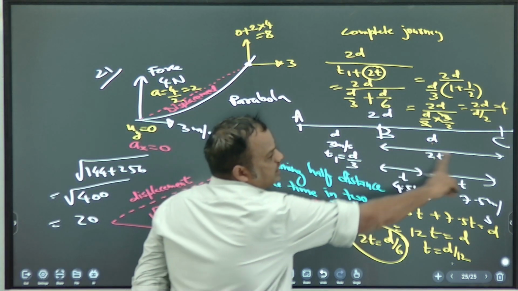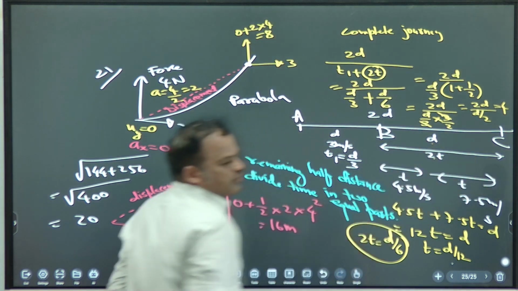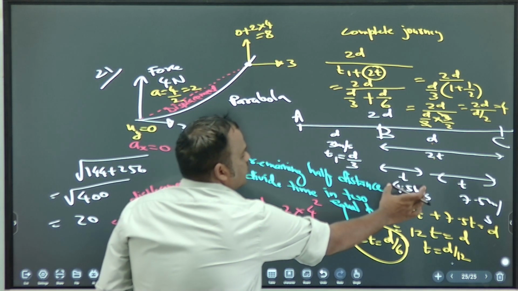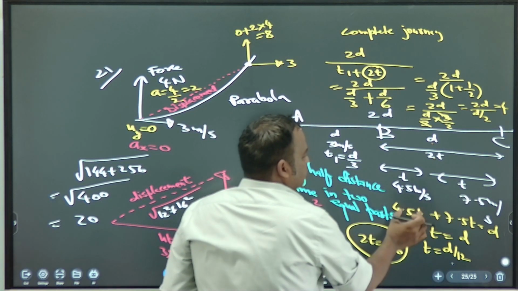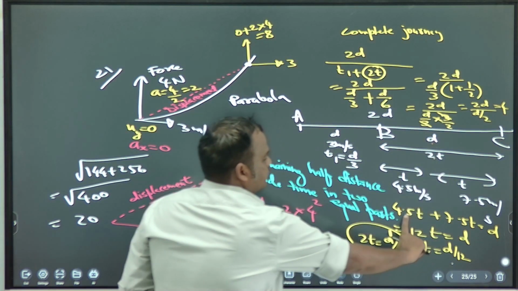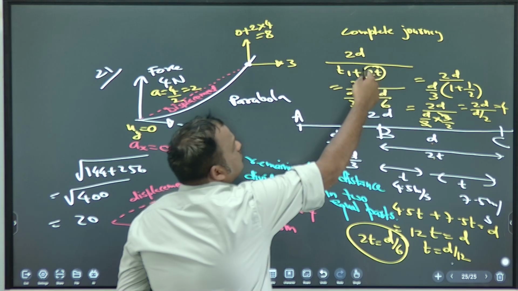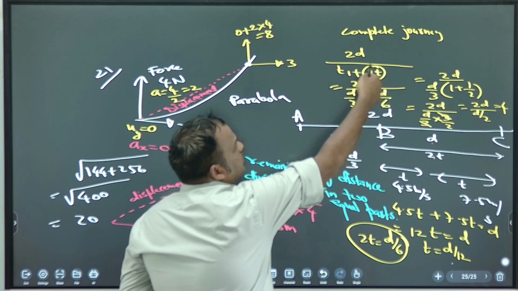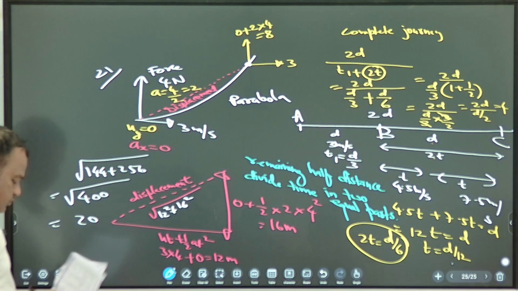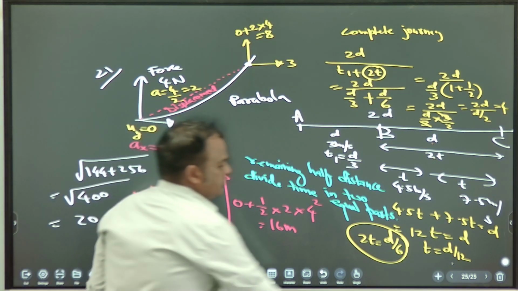Remaining distance total time 2T, so T, T, first half time, remaining half time. Okay, clear? So this is 4.5, this is 7.5, so distance this plus this is equal to D. But we need T1 and 2T in terms of D. So D D cancel, then solve. Okay, clear. Okay, fine. 22, 3.